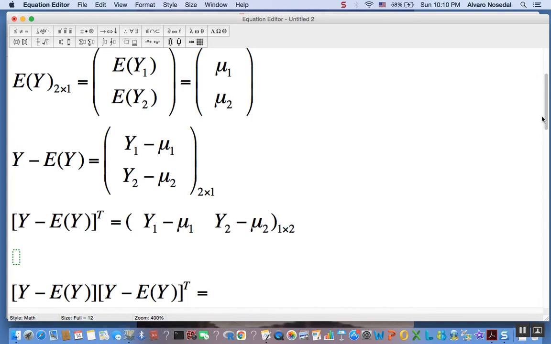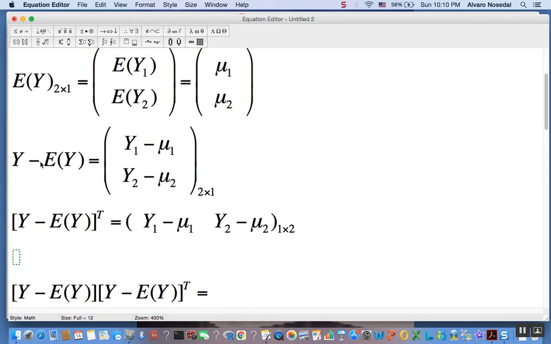Okay, so if we compute the difference between y and its expected value, clearly it's just going to be y1 minus mu1, y2 minus mu2. The sum of vectors works like that, right? You do an addition element wise. So if it's a difference, it's the same thing, you proceed element wise.